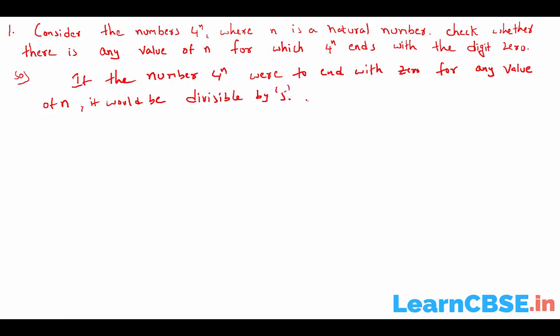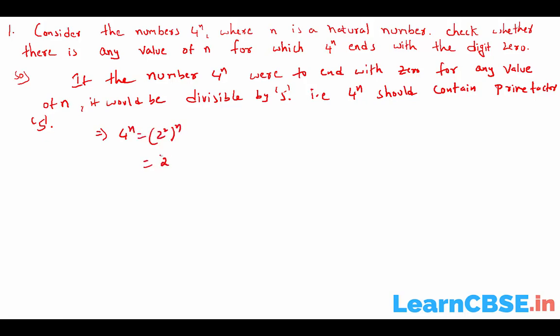That means 4 power n should contain prime factor 5. But 4 power n can be written as (2 square) whole power n.